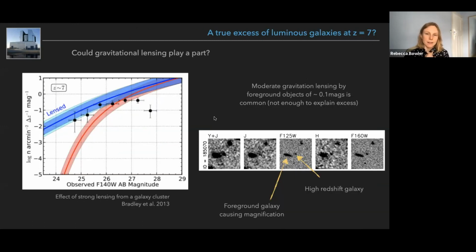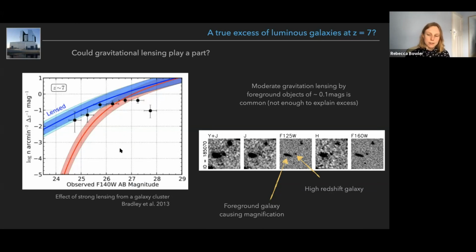This question came about because in the universe, if you look in regions where there is a high mass at low redshift, for example a cluster of galaxies at redshift 1 or so, that cluster gravitationally lenses all of the galaxies behind it, such that they are magnified. This can give you a distorted, magnified shape to your luminosity function.